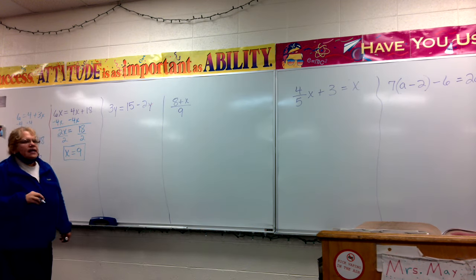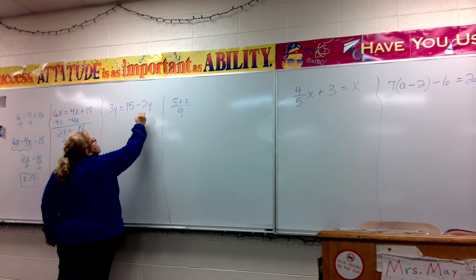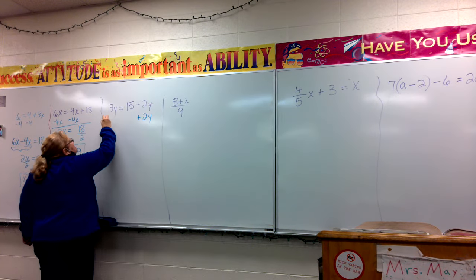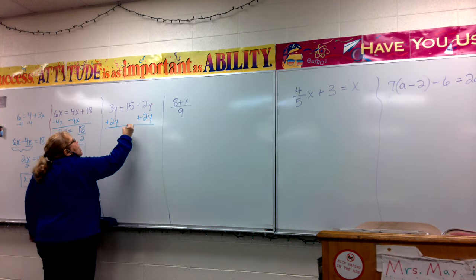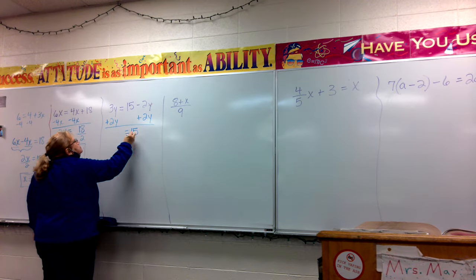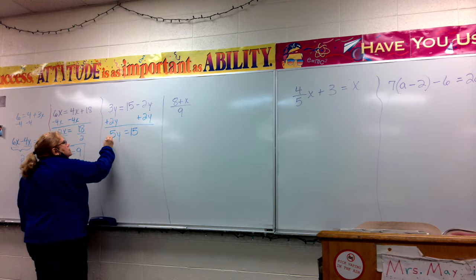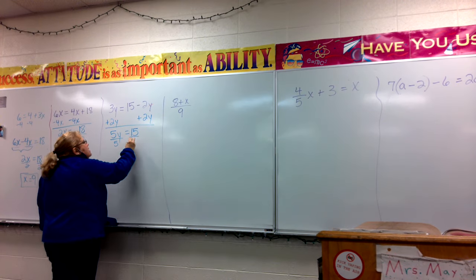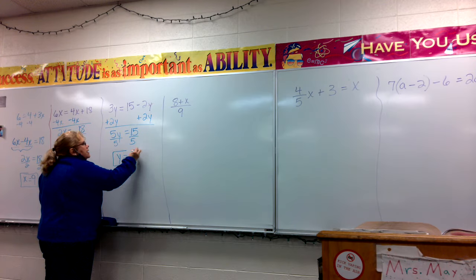You have to get rid of the 2y. I would add 2y because it's negative 2y. Add 2y and that'll drop out. 3y and 2y. So then divide by 5 and what did you get? Y equals 3.